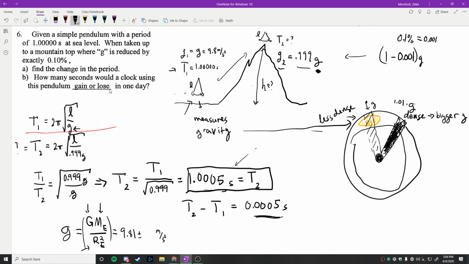It takes that much longer every second, to actually tick on the clock. So there's going to be a change in time here, where every second it loses 0.0005. So you lose.